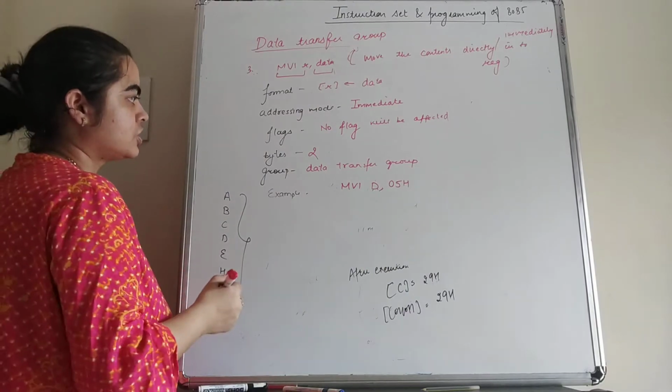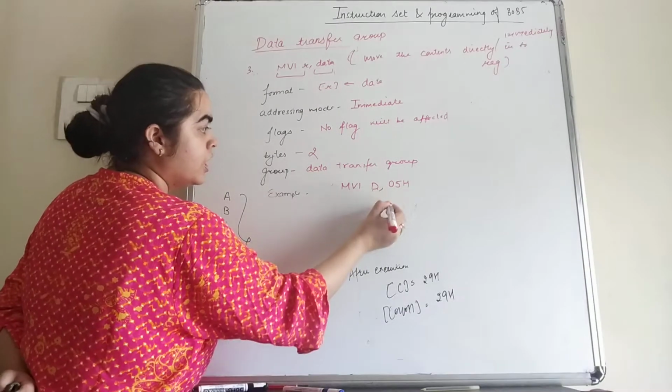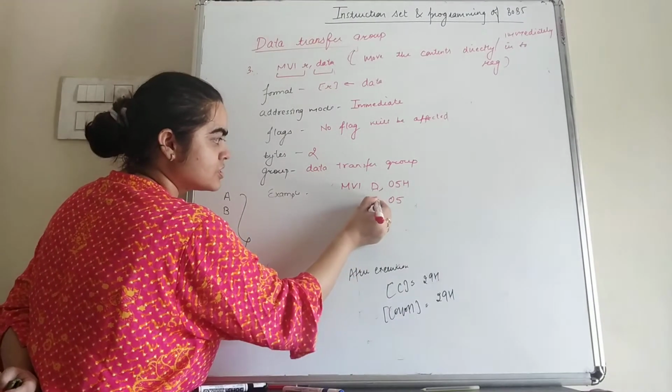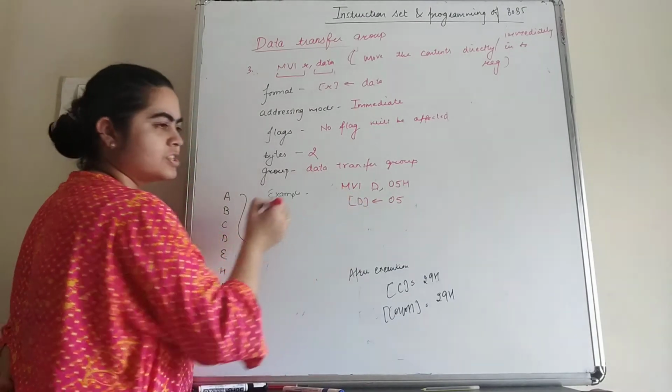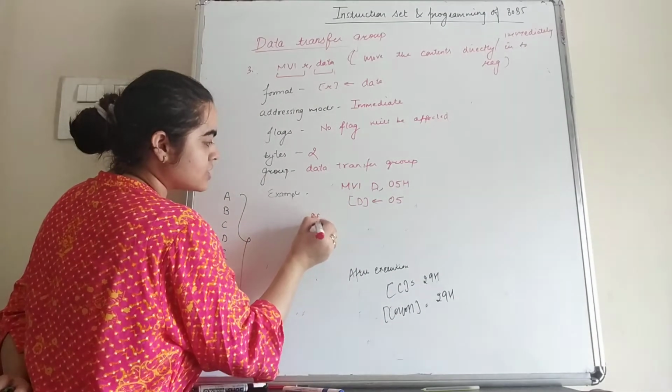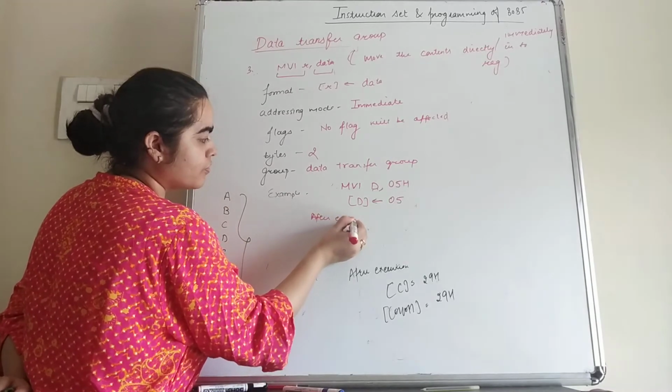This instruction means we immediately transfer 05 into the D register. After the execution of this instruction, what will be the result?